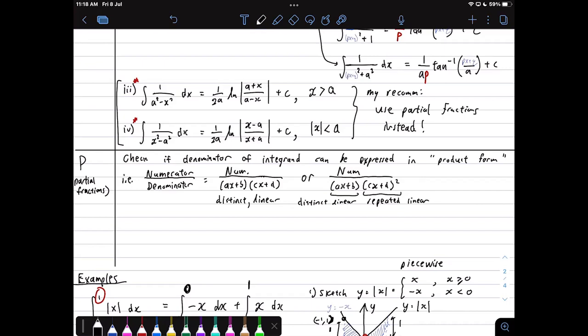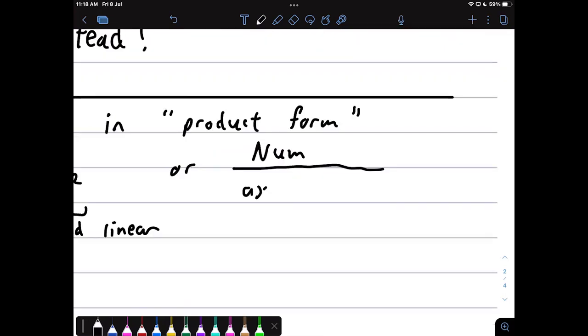Okay. And then the last one will be a numerator divided by ax plus b times x squared plus c. What happens here? There's a plus. Can we factorize as x minus square root c, x plus square root c?